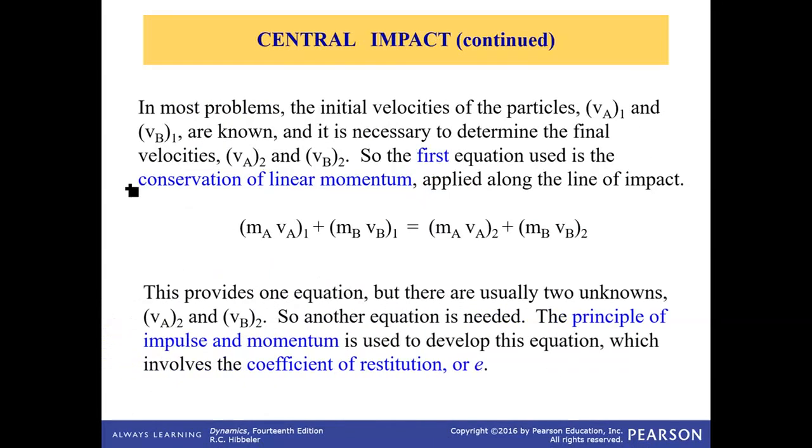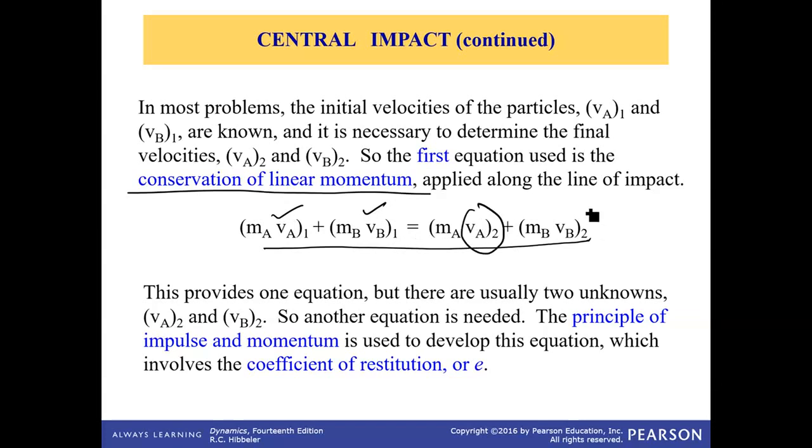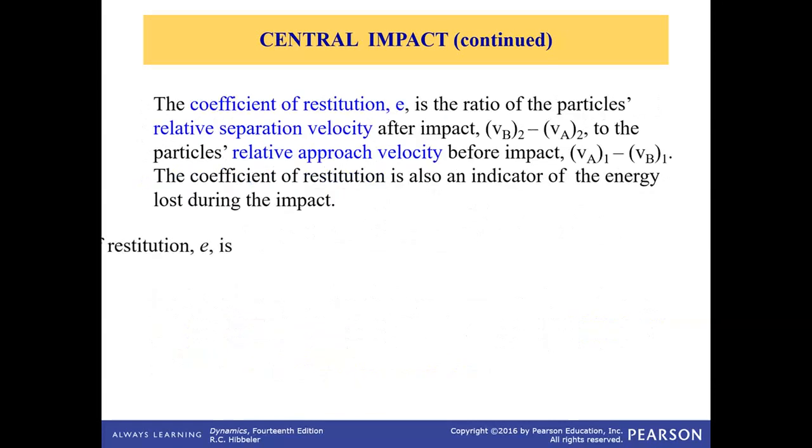Now we are familiar with this equation, conservation of linear momentum, that total momentum remains constant. If we know the velocities of ball A and ball B before impact, we cannot predict both velocities after impact, because then we will have two unknowns in one equation. So we need another equation, and that is the equation of coefficient of restitution.